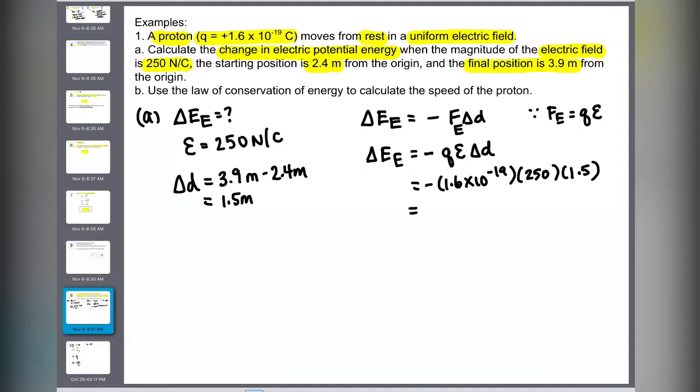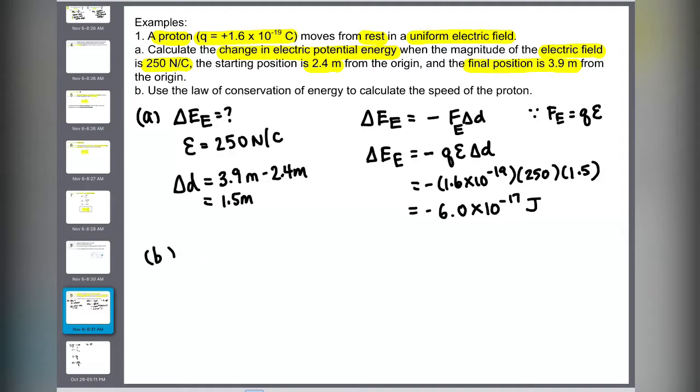So negative 1.6 E negative 19 times 250 times 1.5. The answer I got is negative 6.0 times 10 to the negative 17. You can say joules or Newton meters. Energy is energy, so I'm just going to leave it as joules.